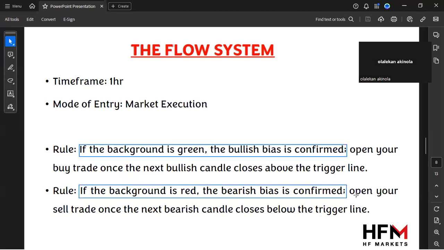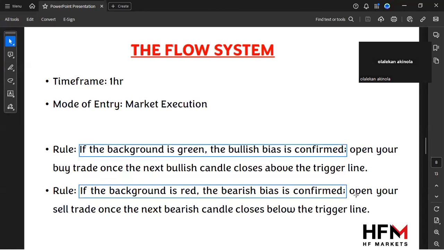So without holding a bullish bias already, getting to the flow system and finding a green chart is like offering you 50% confidence in what you're seeing. But when you already have a bullish bias formed on your own, from the information you have in the market, and then you get to the flow system and also find a green background, that's a confirmation.